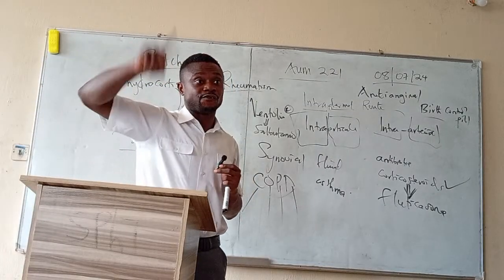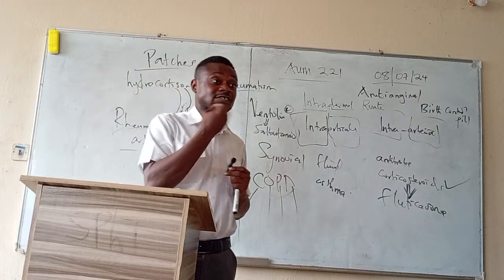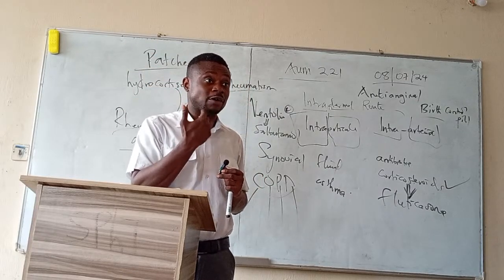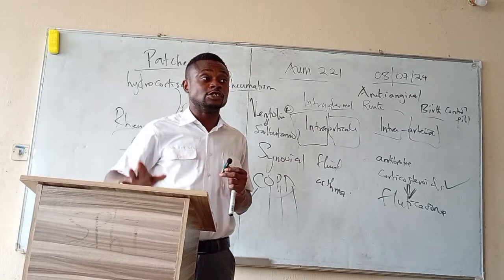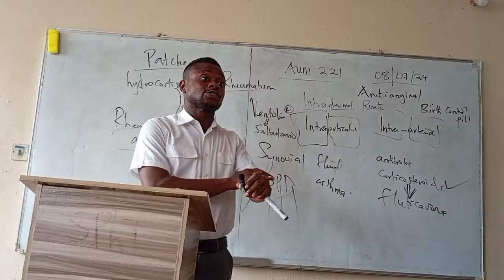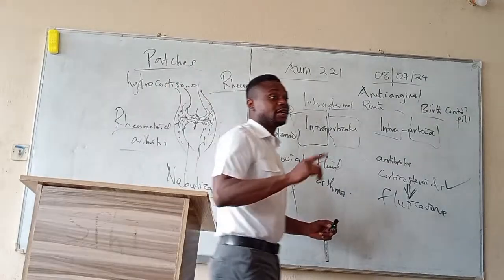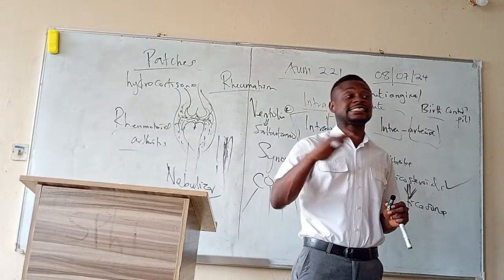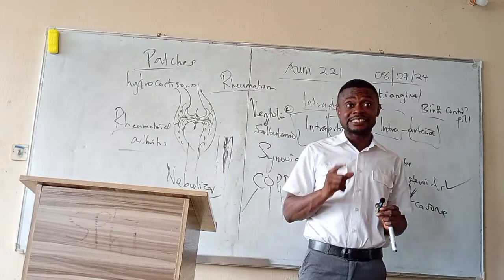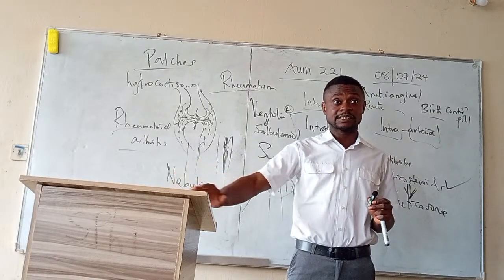To avoid such fluctuation that accompanies oral routes, it's better to use a patch, because with that fluctuation you may not maintain a steady concentration in some drugs that need it to be maintained.